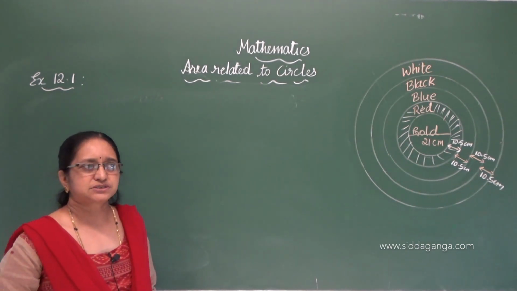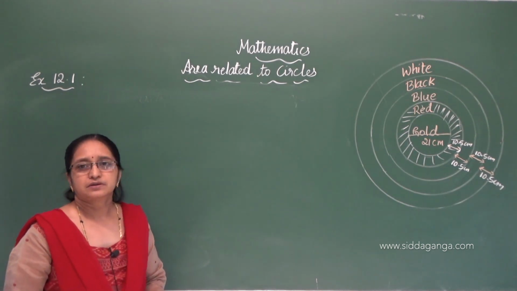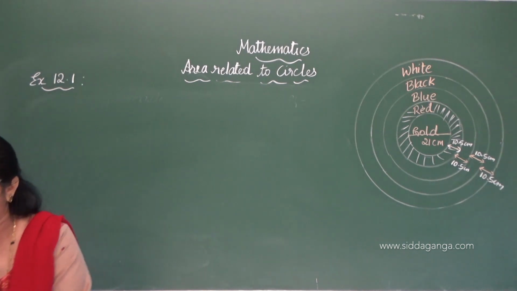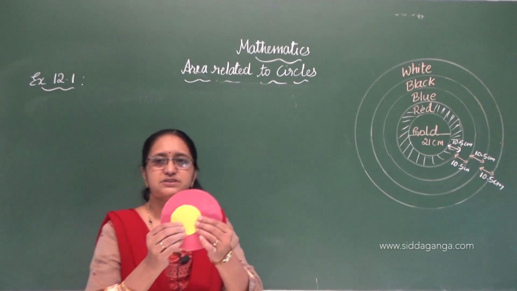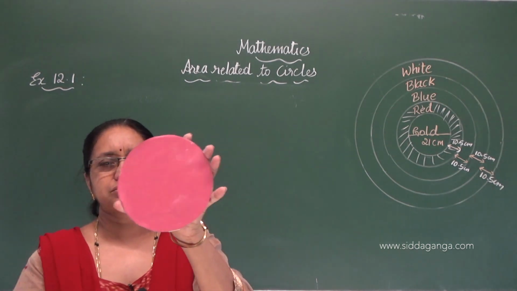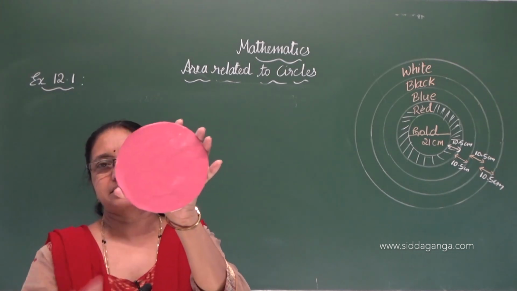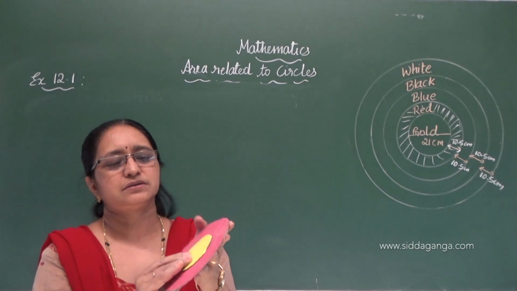See, actually yesterday in the first class I had explained about it. By taking the circular rings, see here, this is the outer or bigger circle and this is a smaller circle.